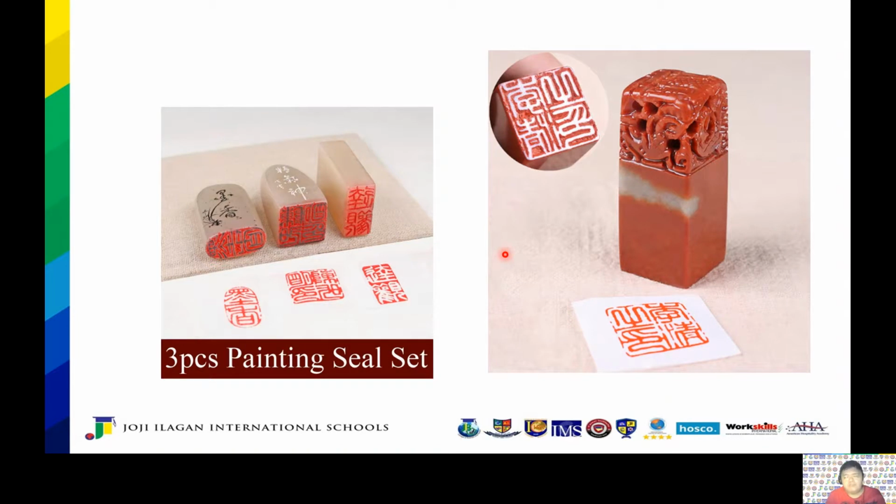But the cheaper ones are made out of plastic or ivory or bones lang. It can be around $15, $16 on eBay or on Shopee or Lazada or AliExpress. Ganun yan siya. They also sell something like this on online shopping.